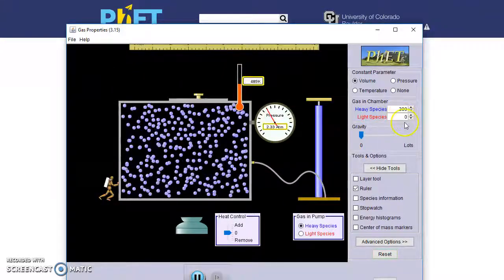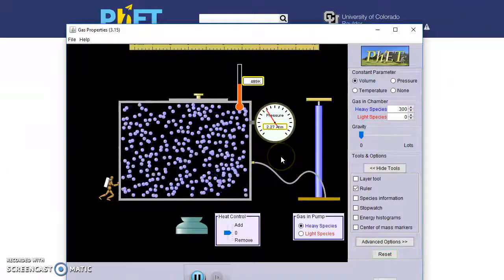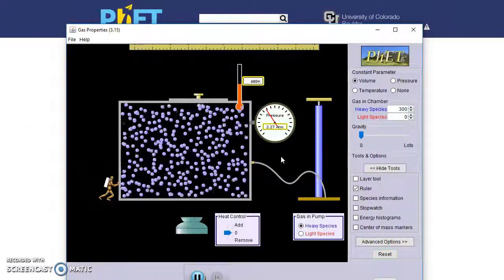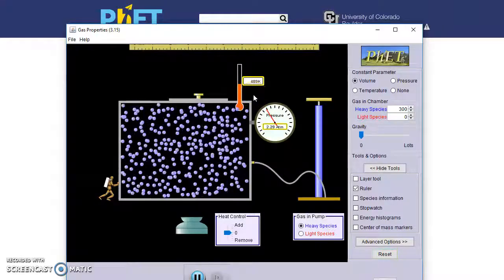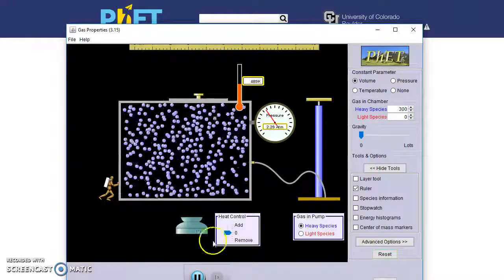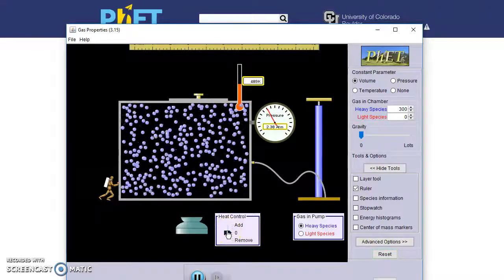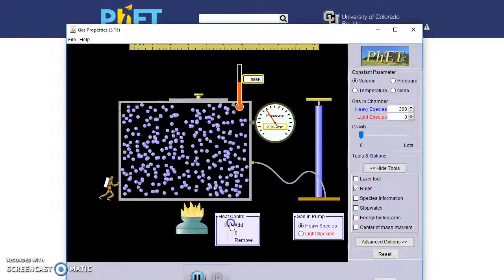And I have 300 gas particles in the box. Now the pressure gauge is telling me we're at 2.3 atmospheres of pressure, and right now we're at 500 degrees Kelvin. Okay. So what happens when you heat a gas that's in a box or in a can or in a tank? Let's see what happens.